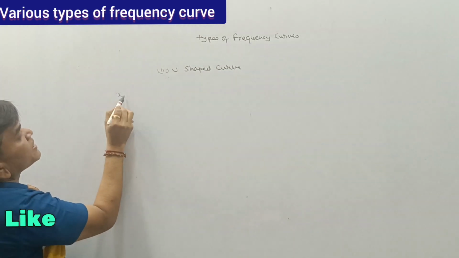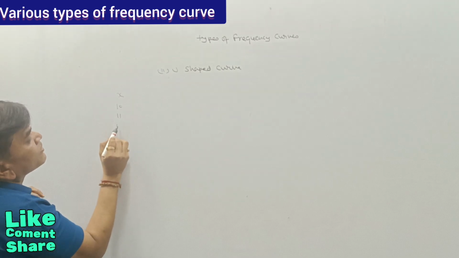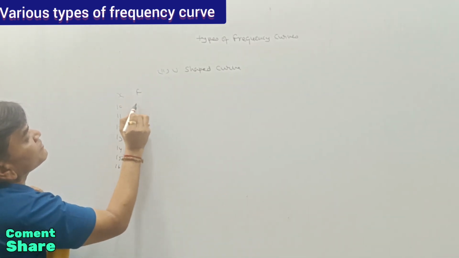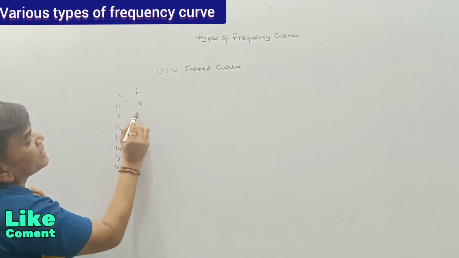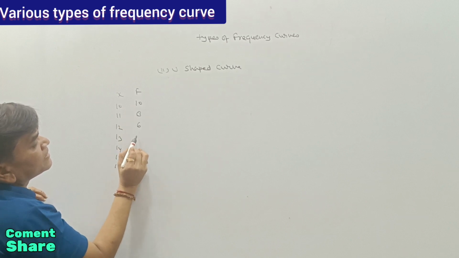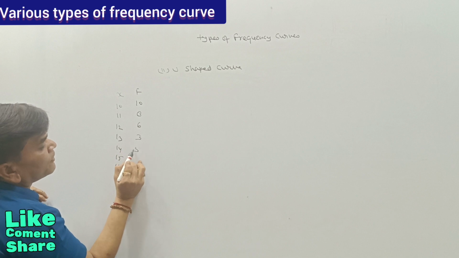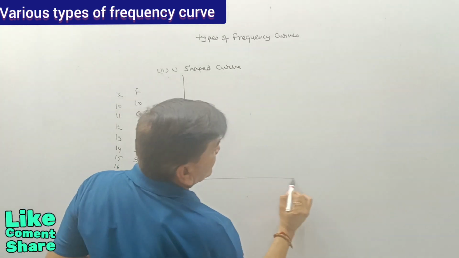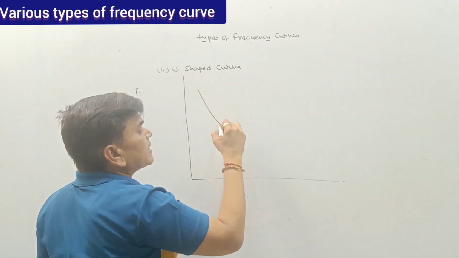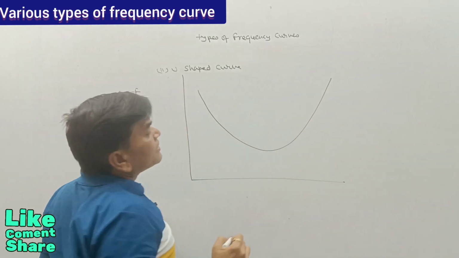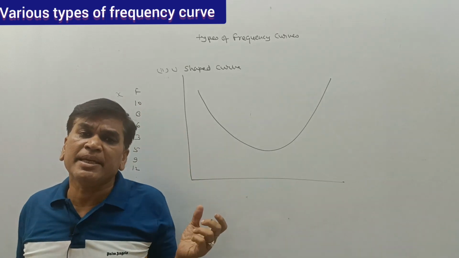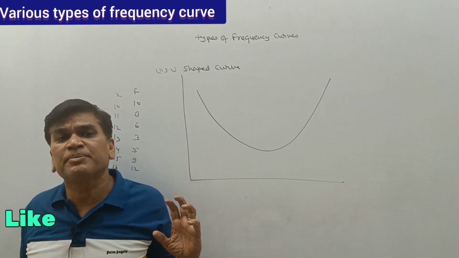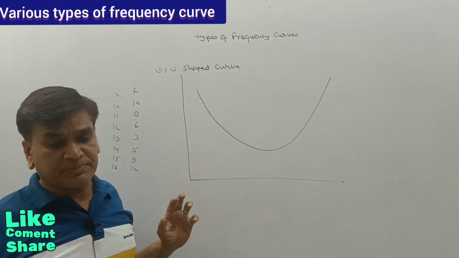Suppose the classes are 10, 11, 12, 13, 14, 15, 16, and the frequency is first decreasing: 10, 8, 6, 3, 5, 9, 12. In this condition, the frequency first decreases and then increases. Then it looks like the English alphabet U. So this type of curve will be called a U-shaped curve.